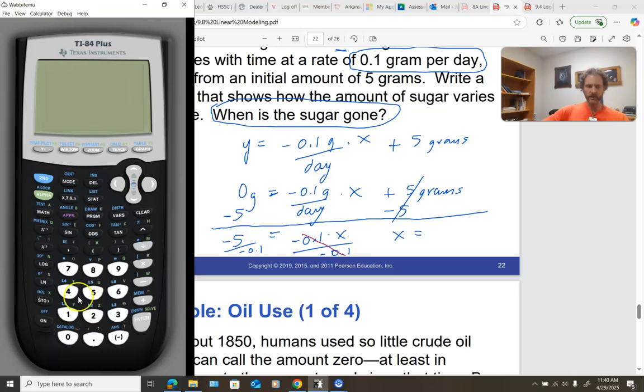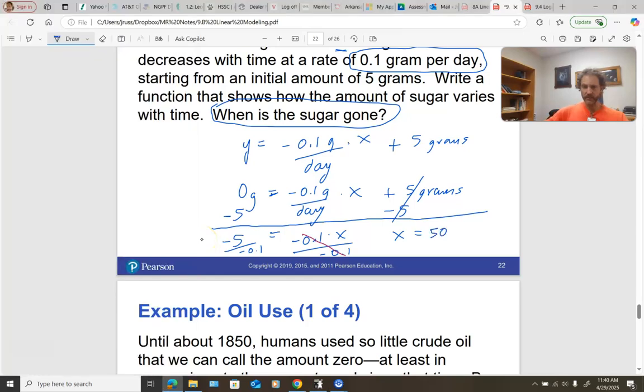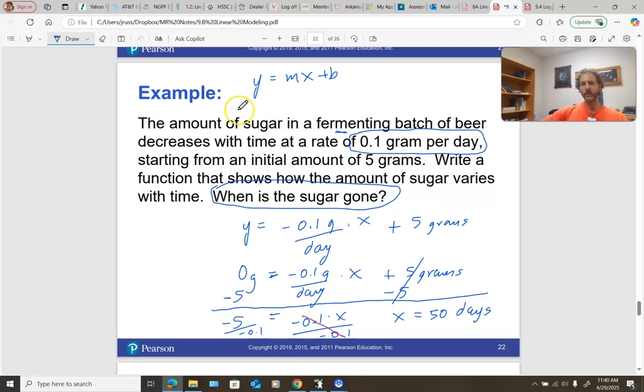So if you do this in your calculator, guys, a negative divided by a negative is a positive, and that will actually go 50 times. Okay? So x has a value of 50 days, because x represents the number of days, and y represents the amount of sugar in grams. Okay? So after 50 days, all of the sugar will have been fermented. Or in other words, you will have maximized the alcohol content.